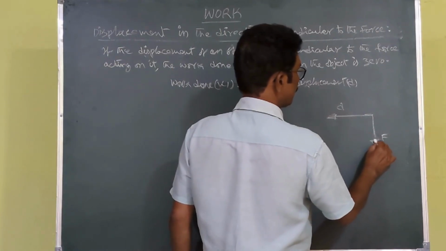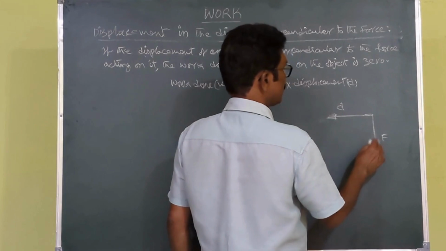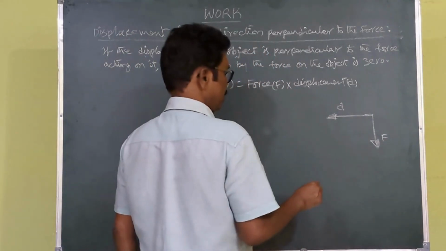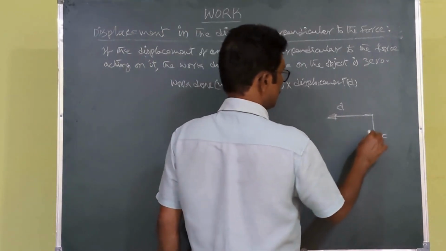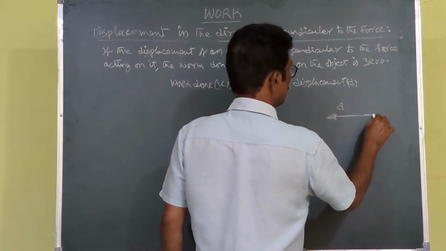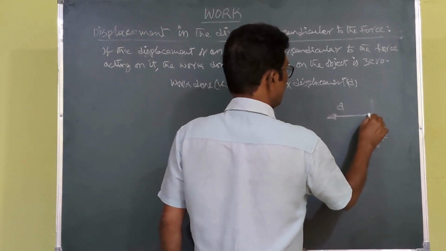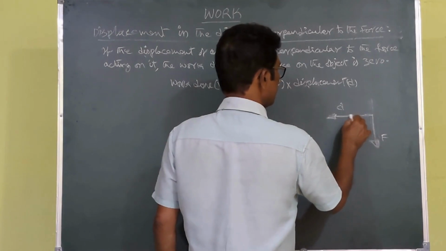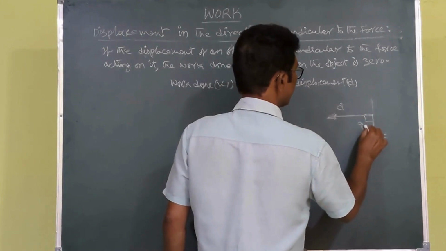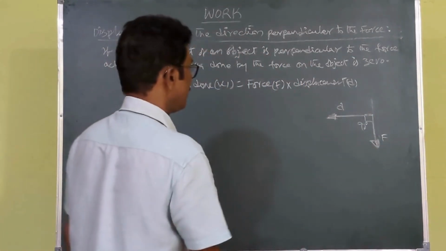The gravitational force acts downward, with no displacement in that direction. The displacement is in this direction, so the angle is 90 degrees.